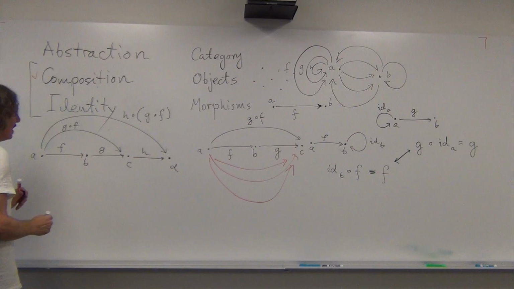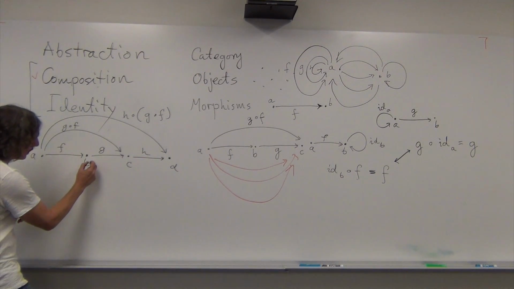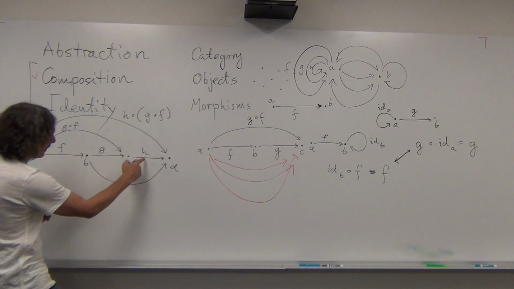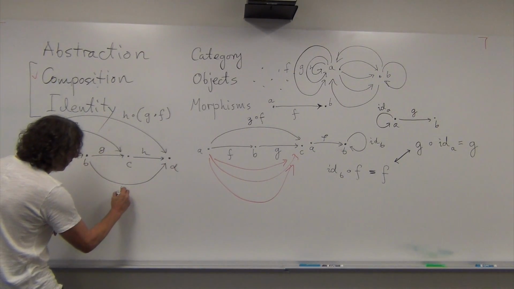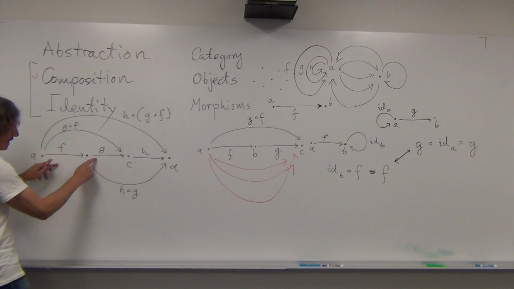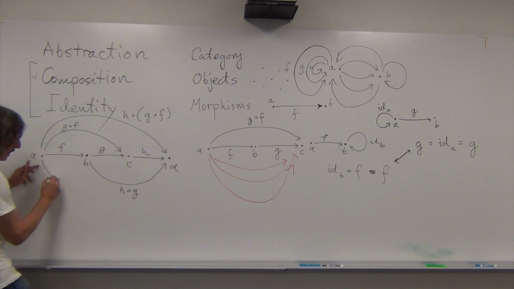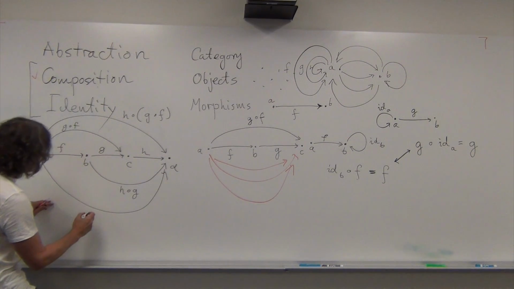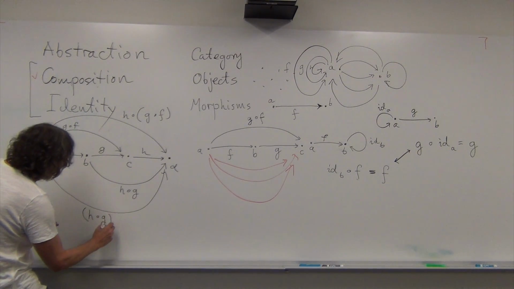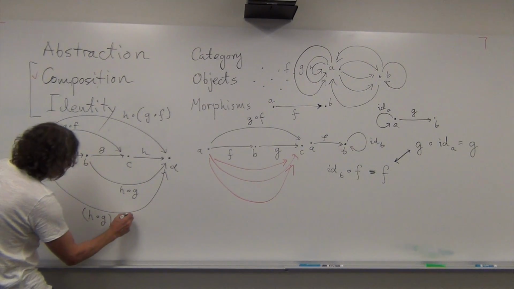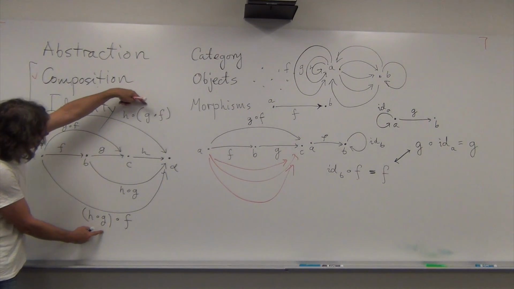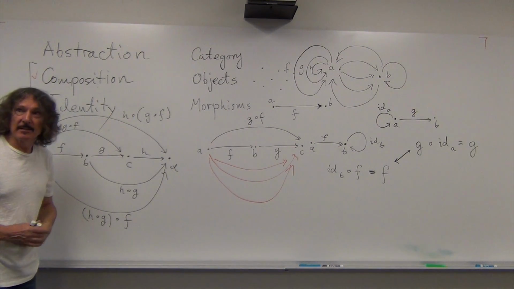Now I can also compose G with H first, so I'll have H after G. Now I can compose this arrow with this arrow, and I will get H after G after F. The difference between these two is where I put the parentheses.